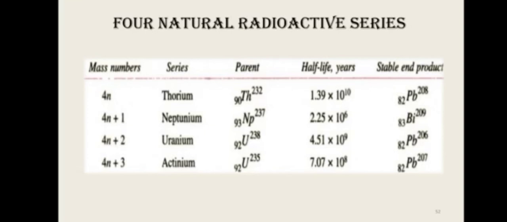And 4n plus 2 is the uranium series, and it is headed by uranium 238 and has a half-life of 4.51 times 10 to the power 9 years, and its stable end product is lead 206. And the 4n plus 3 series, or the actinium series, is headed by uranium 235 and has a half-life of 7.07 times 10 to the power 8 years, and its stable end product is lead 207.